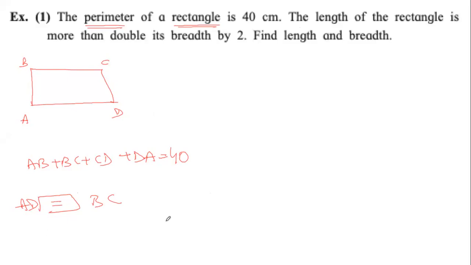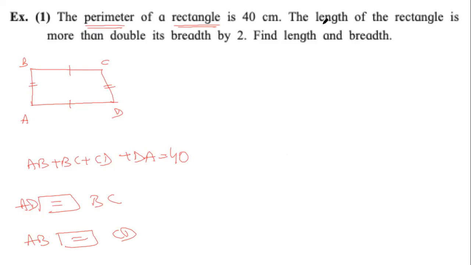Opposite sides of rectangles are equal, right? So AD equals to BC. Similarly, if I ask you AB and CD, what is the relationship? Once again, it will be equal to because opposite sides of a rectangle are of same length.